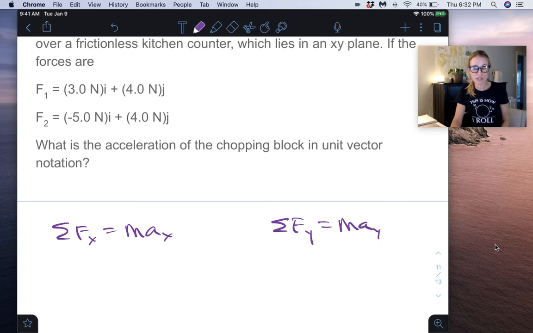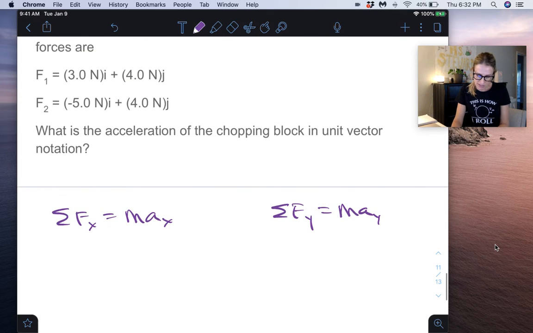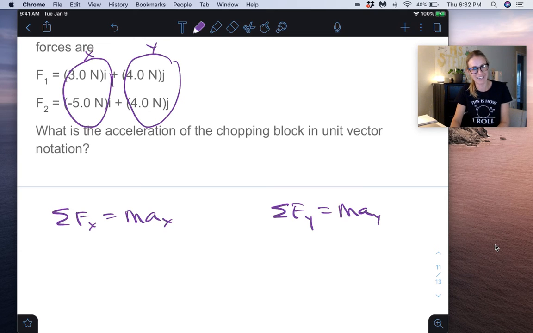For the x direction, we look at the i hats, so 3 newtons plus a negative 5 newtons will be our net force in the x direction, because these 2 things are our x, and these 2 things are our y.